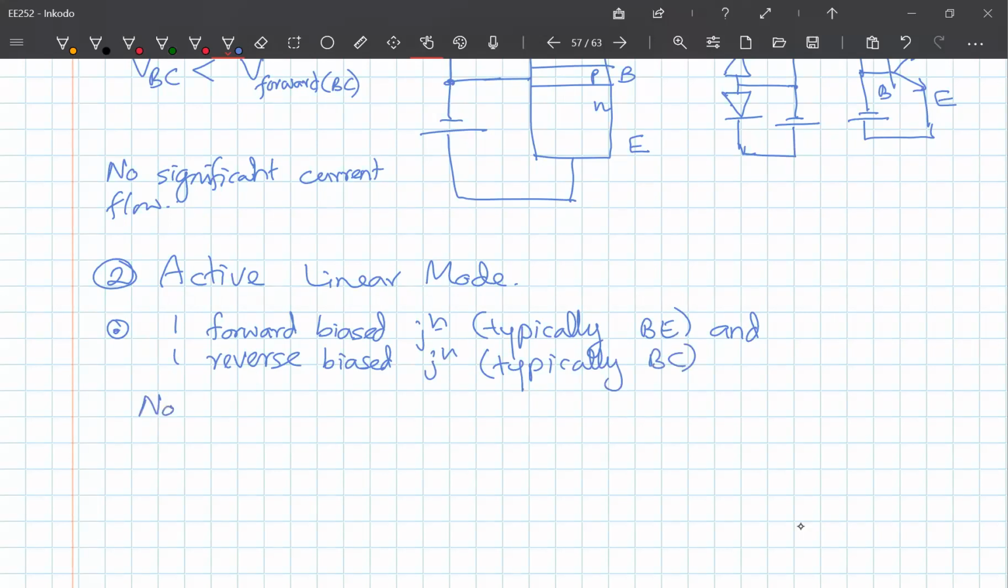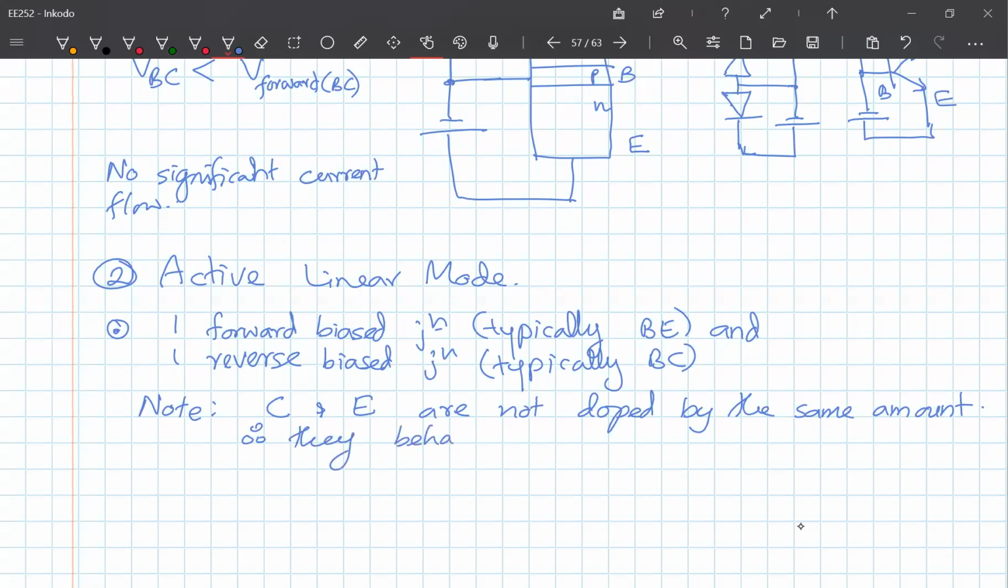Note that collector and emitter are not doped by the same amount. Therefore, they behave differently.